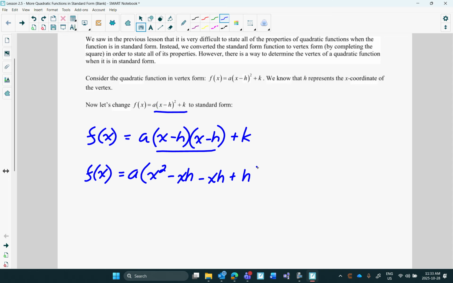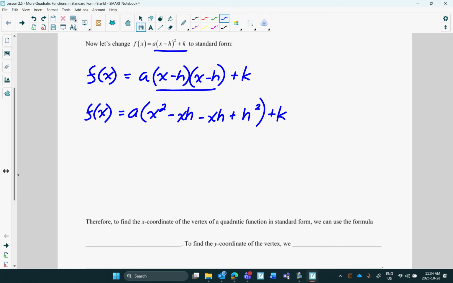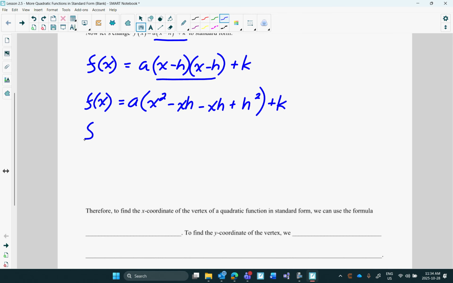Plus h squared. So I multiplied it up. I can simplify inside the parentheses. What's minus xh minus xh? Minus 2xh. Plus h squared. Plus k.